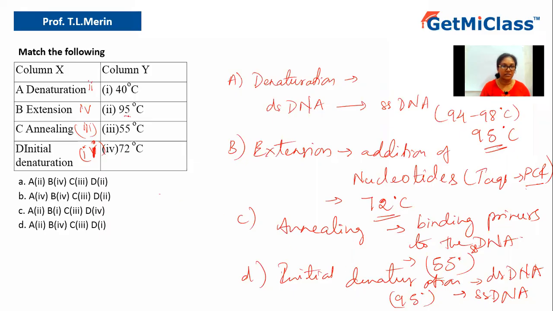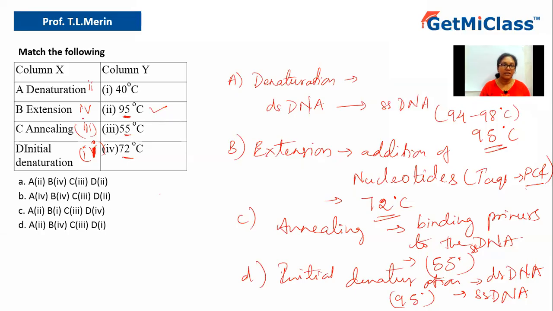So where is 95 degrees Celsius? Here. So we can say that denaturation is the second one, that means at 95 degrees Celsius. Extension occurs at the fourth one, that is at 72 degrees Celsius. Annealing will occur at the third one, that is at 55 degrees Celsius. And initial denaturation again will occur at 95 degrees Celsius only.